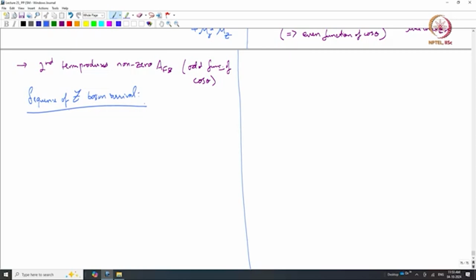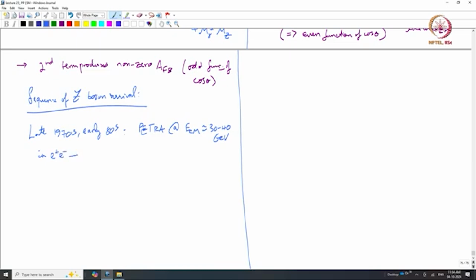Okay. So what had happened was in the late 1970s and early 80s, there was a collider called Petra, okay, which was crashing e plus e minus at 30 to 40 GeV of center of mass energy, okay.